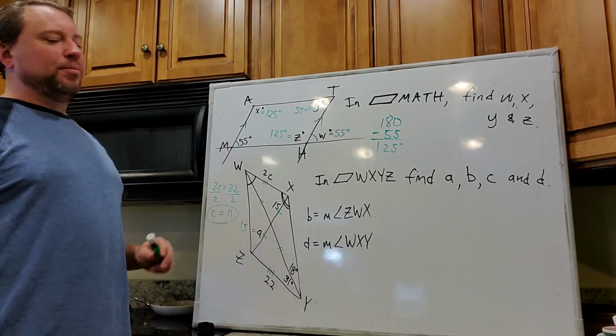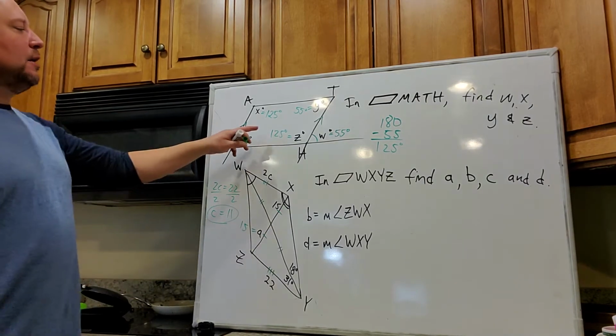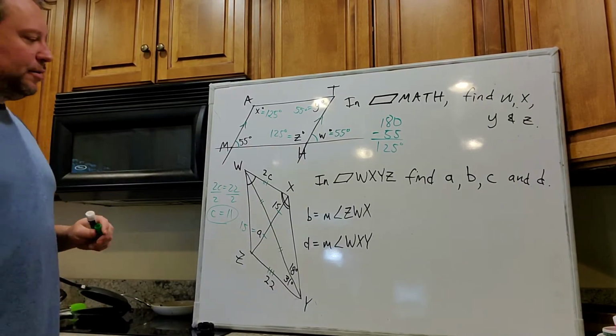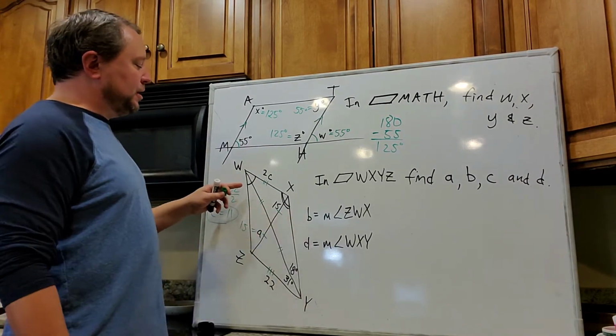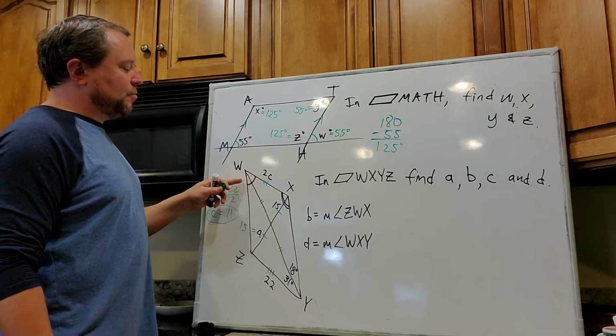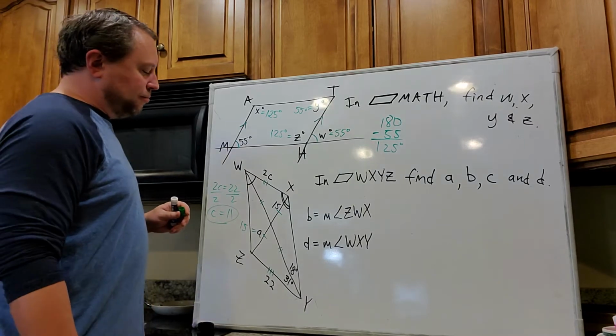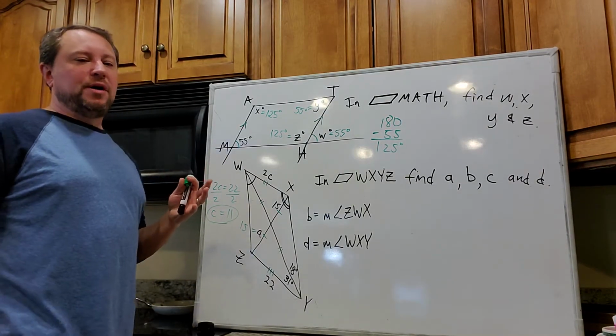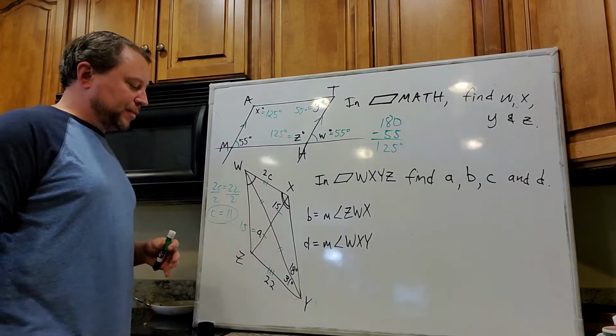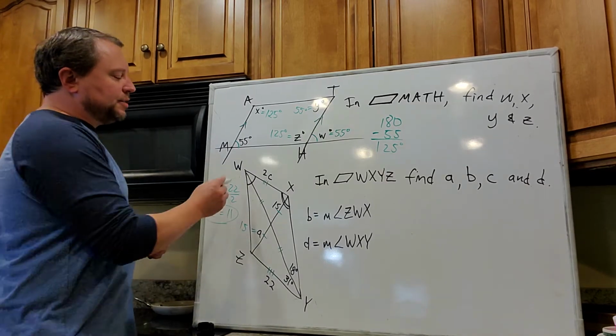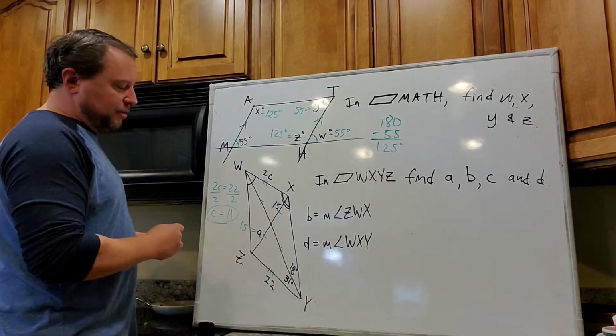All right, now the angle problems. Okay, it kind of goes back to what we just talked about up here. So if I wanted to find angle B, which was this entire angle I marked up here in this corner of the parallelogram, I'm going to have to base it on some other angles that we know in this picture. Okay, if you look, its opposite angle is down here at the bottom.